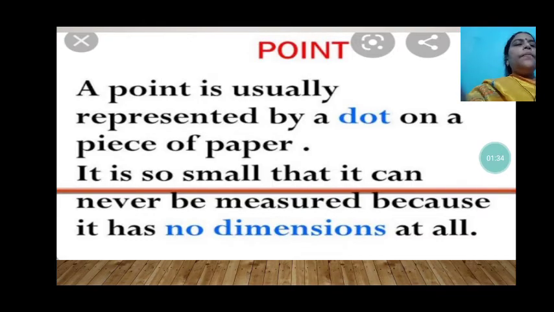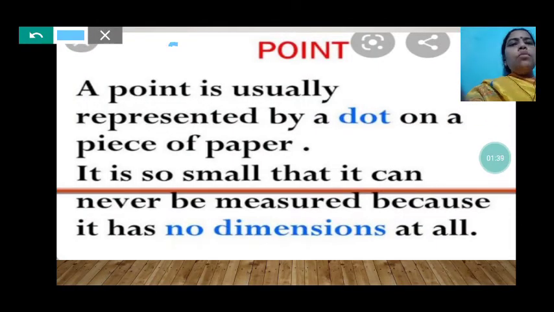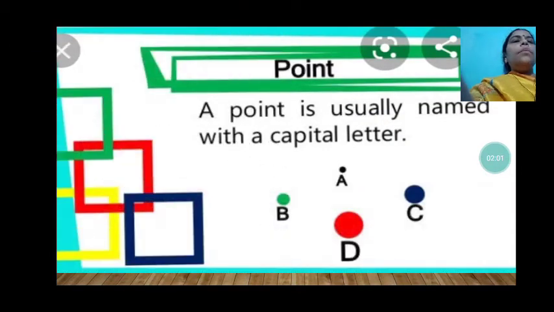So the point is very small and we cannot measure it. Why can we not measure it? Because it does not have size, shape, height, length or breadth. That means it does not have any dimensions, so we cannot measure it. Now a point is usually named with a capital letter.